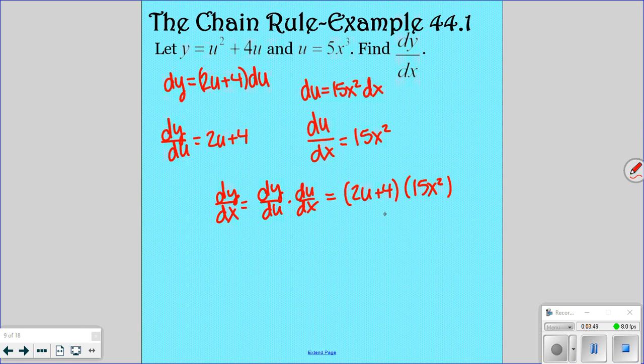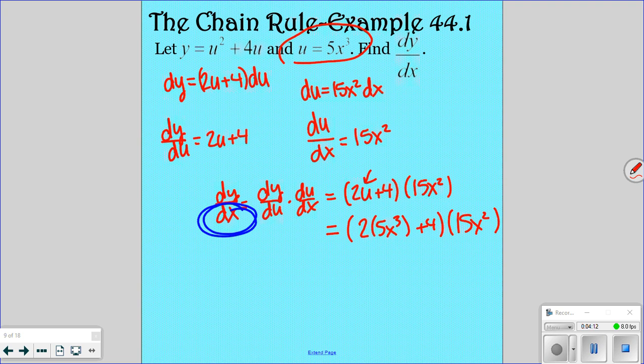Okay, now we can't leave this as our answer because in our denominator it's dx, and so that means that our variables need to be only in terms of x. So we need to plug in here what u equals, and that's up here. U equals 5x cubed. So 2 times 5x cubed plus 4, and then 15x squared.